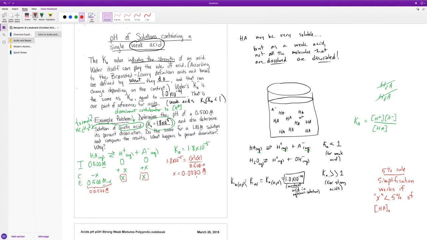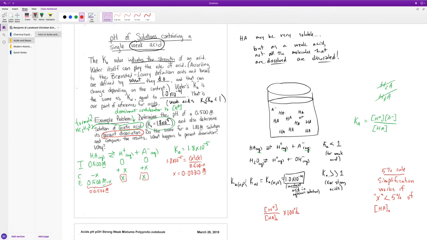Okay, so let's check to see, did we hit the 5% rule? And that's also the answer to this question. What's the percent dissociation? Percent dissociation is basically the concentration of H plus at equilibrium divided by the original concentration of HA times 100%.